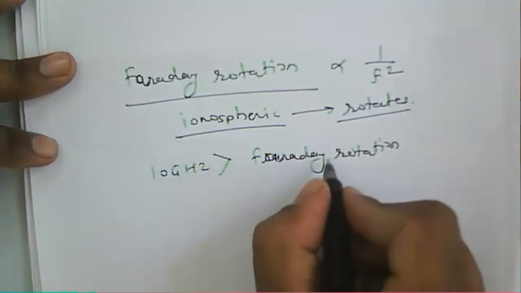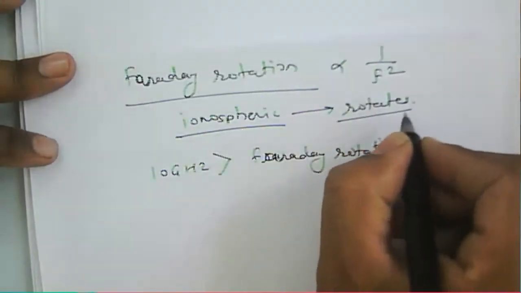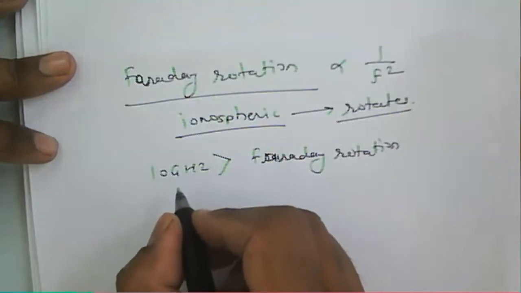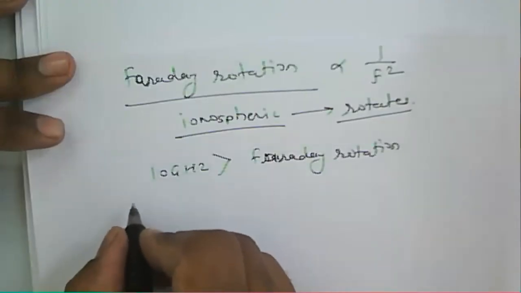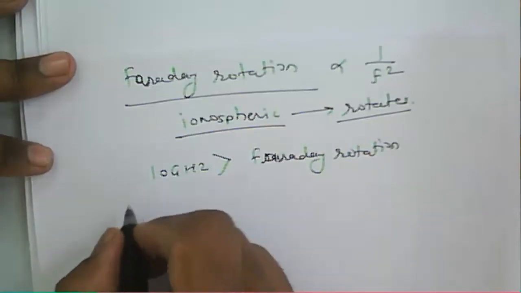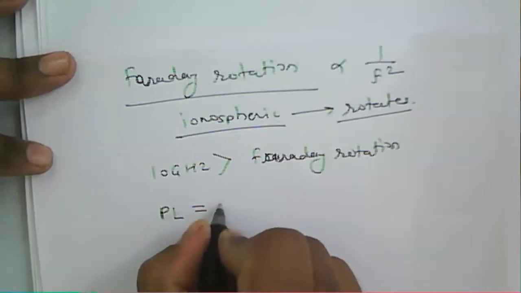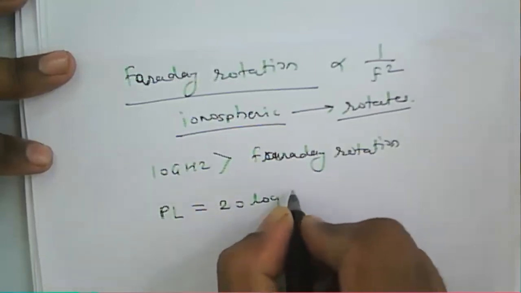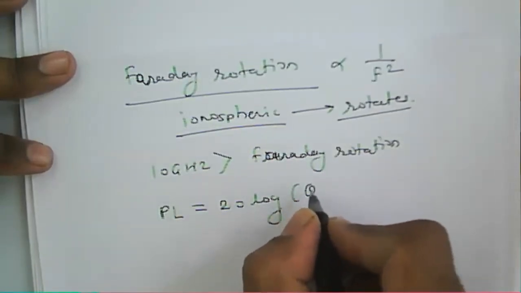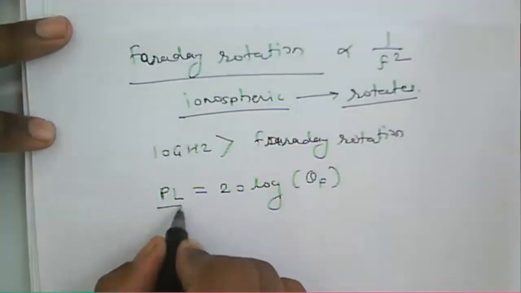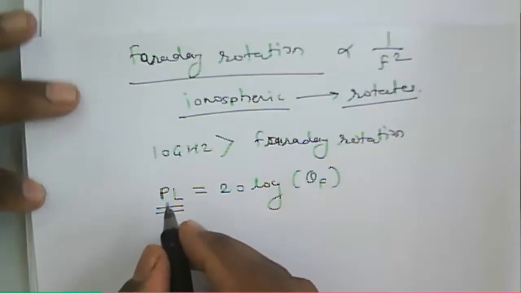Large value means a rotation of this polarization signal takes place above that 10 gigahertz of frequency. If you consider a Faraday rotation and a polarization loss, then a polarization loss is equal to what? A 20 log of the Faraday rotation value. This is the polarization loss.